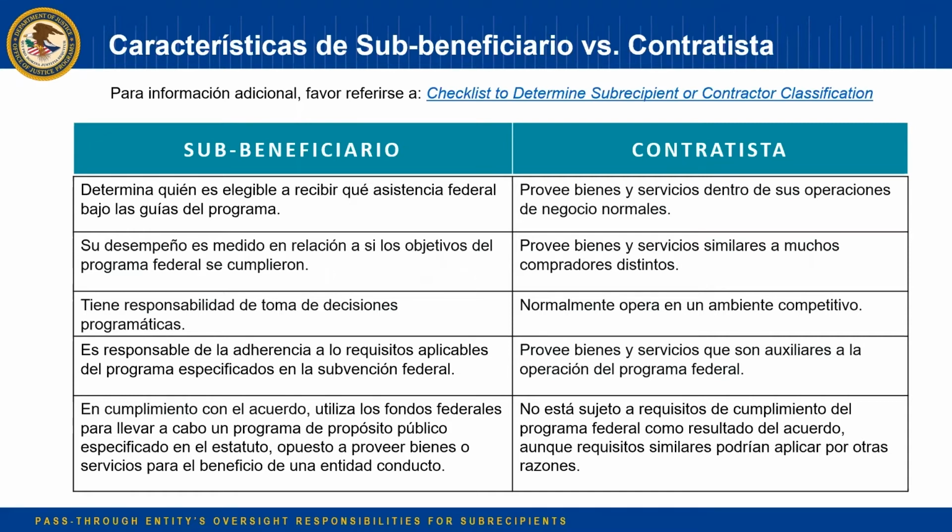So some organizations have missed the mark or not properly classified an organization as a subrecipient because they were looking at services being provided. Remember I said earlier, we can provide service because it's a portion of that particular grant program, but I don't want you to get hung up on the word service and then automatically move it to the contractor's side. So I'll give you an example of what I mean here.